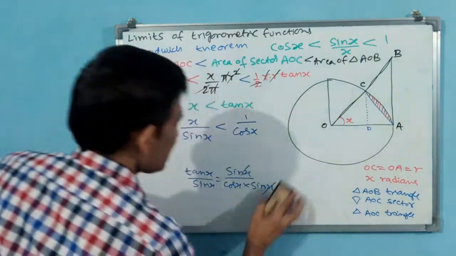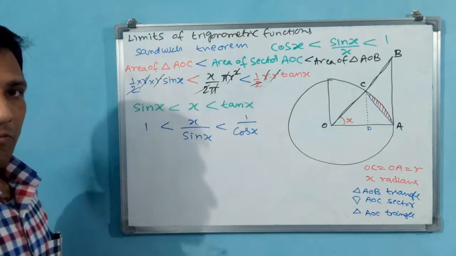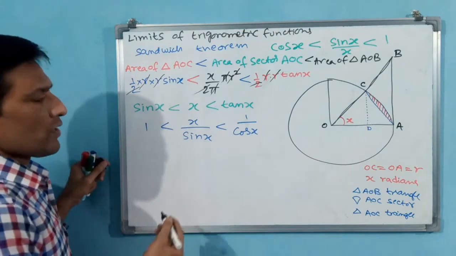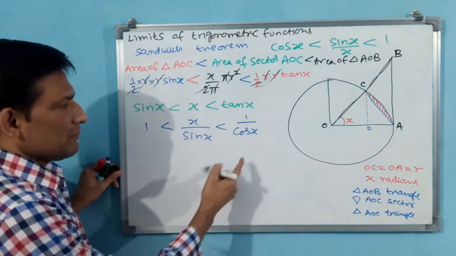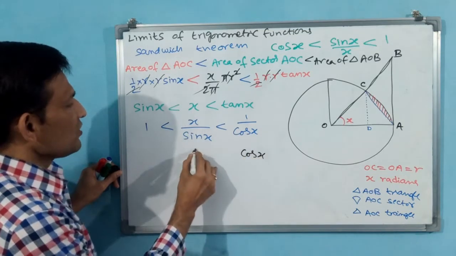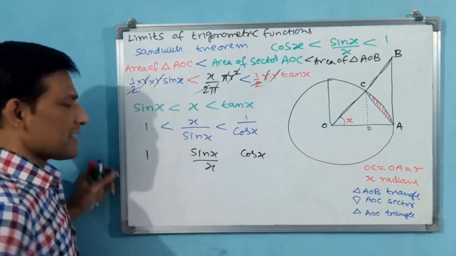You understand now this? Okay. Now you reciprocate. If you reciprocate, 1 by cos x is going to become cos x. This is going to become sin x by x. This is going to become 1 by 1, which is 1.